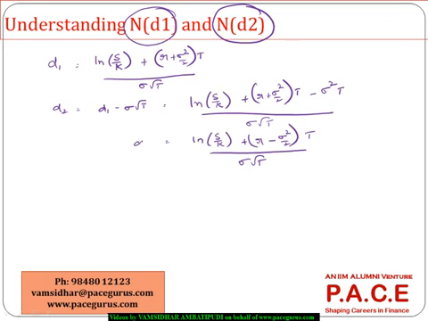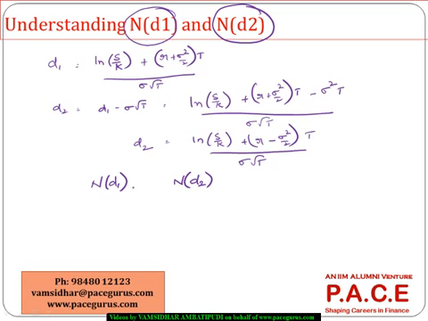So this comes out as d1, d2, and we also compute N(d1), which is the standard normal distribution value associated with d1 and d2.